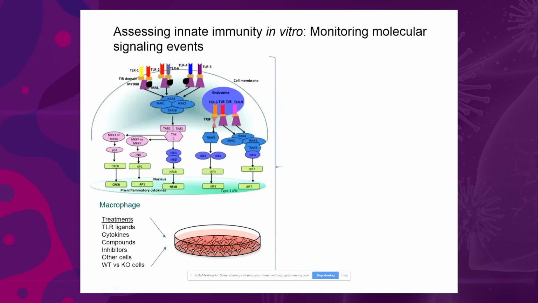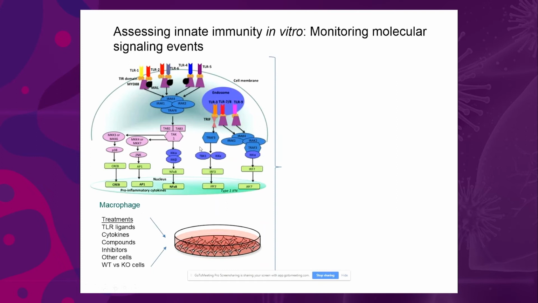Now, how can we assess innate immunity in vitro? First of all, we can monitor the molecular signaling events that are activated by pattern recognition receptors. And that reiterates some of the previous slides that I had. And again, it's a very simplistic slide of the signaling cascade that toll-like receptors activate.